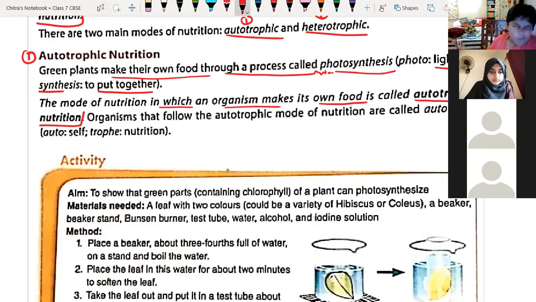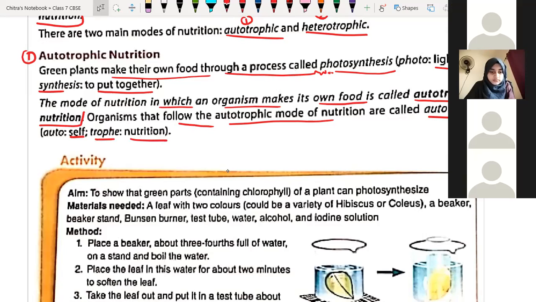Organisms that follow the autotrophic mode of nutrition are called autotrophs. Auto means self and trophs means nutrition. Everyone, autotrophs, self nutrition.